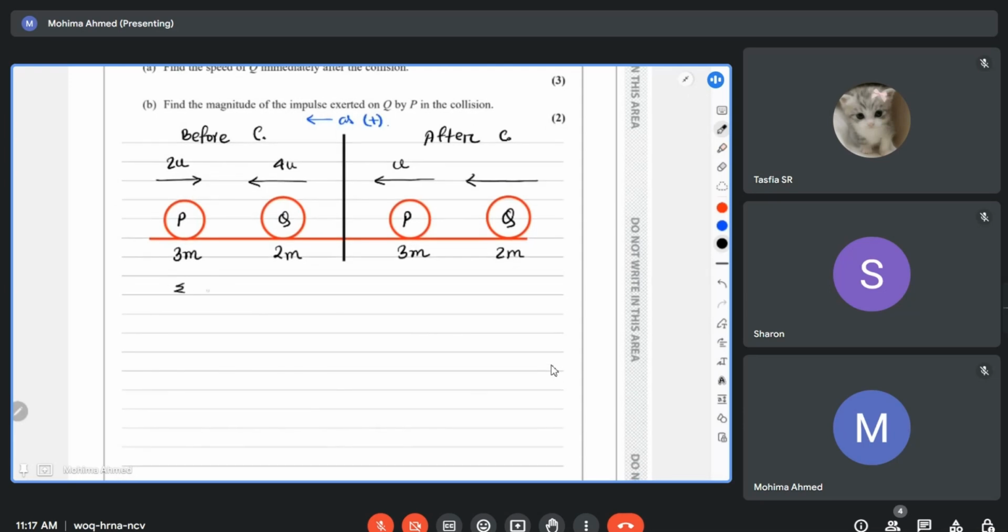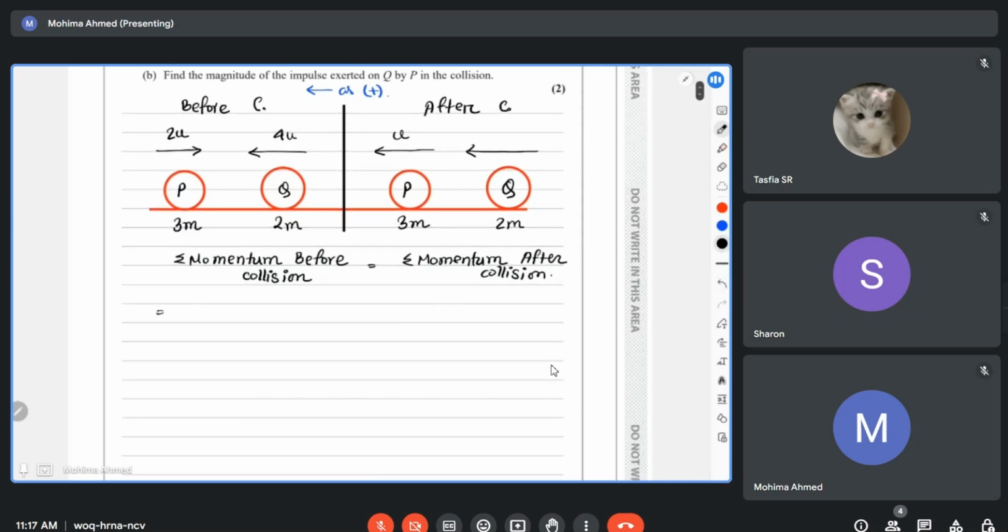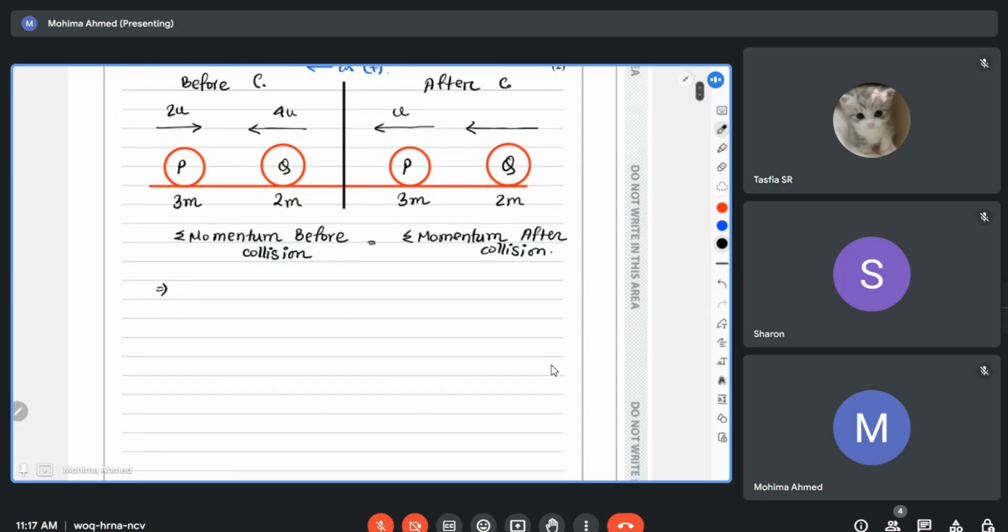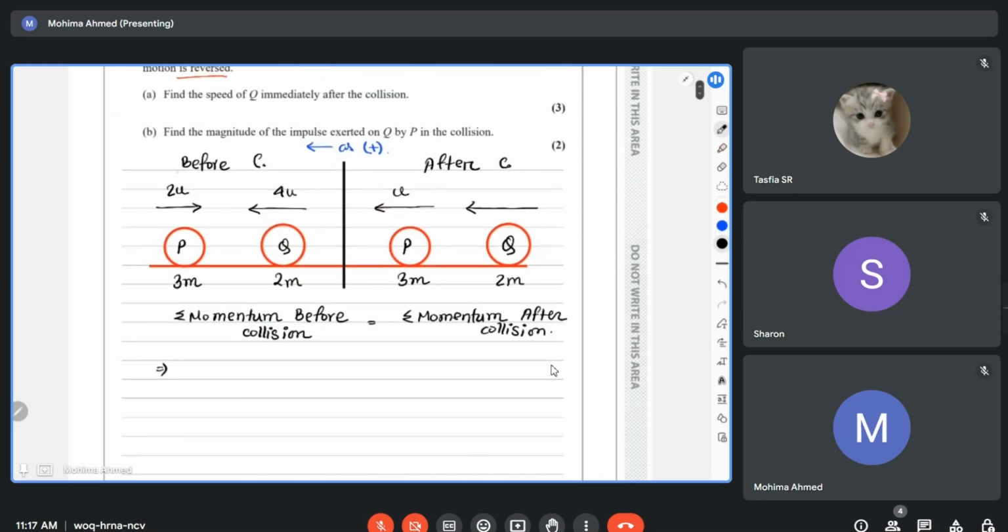That sum of momentum before collision is equal to sum of momentum after collision.